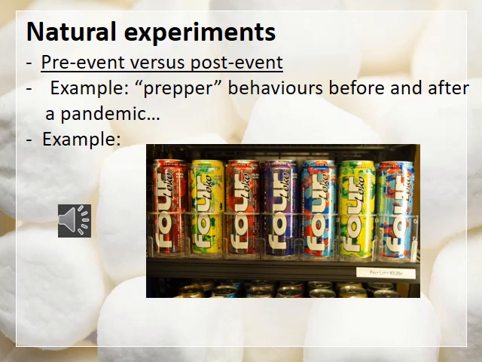But we're still able to do an experiment, because after that event, there were new laws put in place in convenience stores, in grocery stores, about the sales of these energy drinks. I don't remember what the laws were, but they're much less accessible to teenagers right now. So, pre-event, before the death of that girl, how many teenagers died because of mixing alcohol and energy drinks?